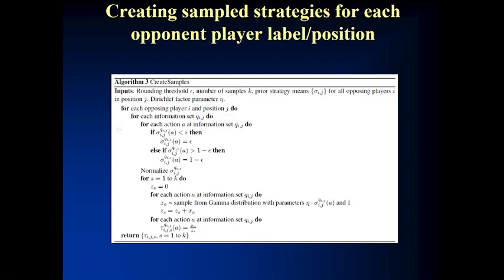Epsilon is going to be an input parameter of the algorithm. Then at each information set, at each action, we're going to sample from the Dirichlet at this mean that I've mentioned. This can be done efficiently by sampling from the gamma distribution and normalizing. This procedure computes k different strategy profiles that are somewhat close to this prior mean.